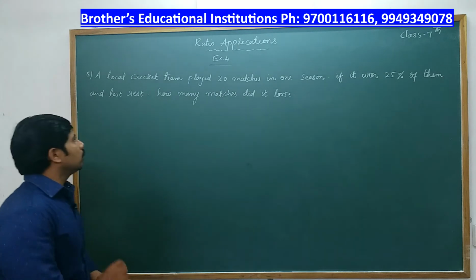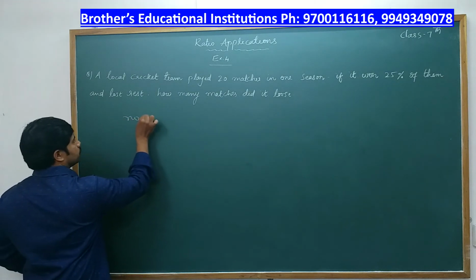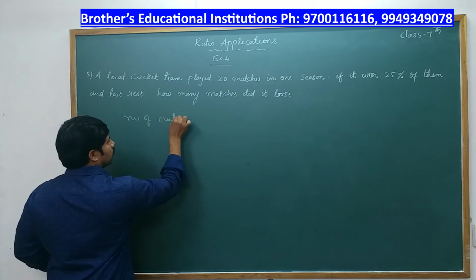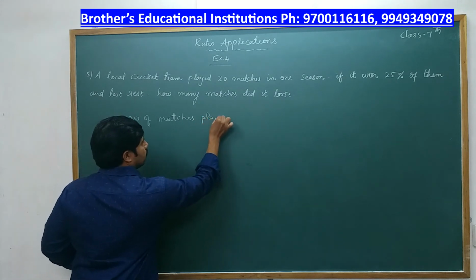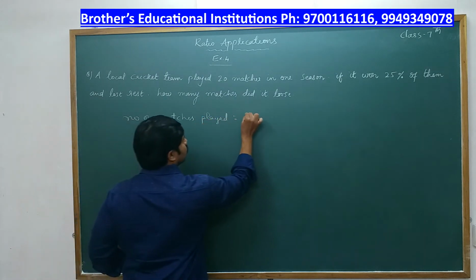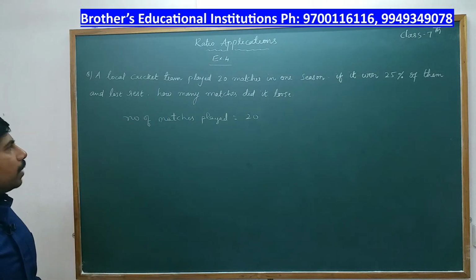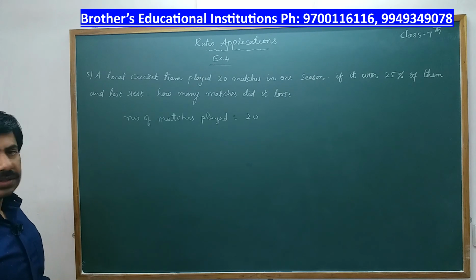Okay. So the number of matches played is equal to 20. 25% of the matches they won and the rest they lost.